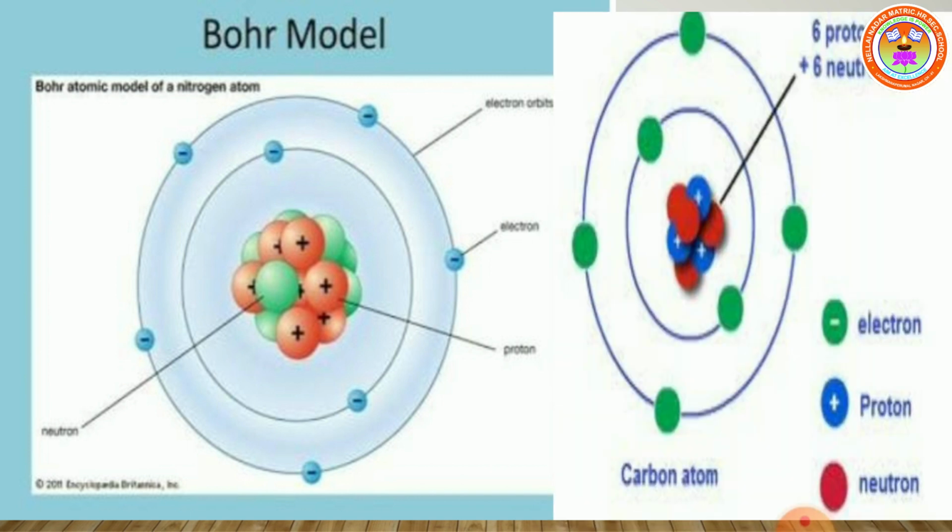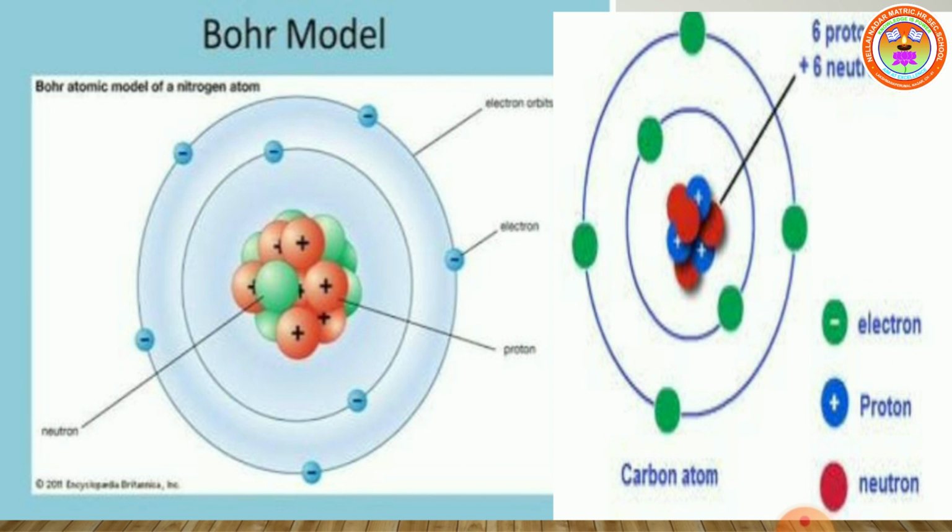An atom consists of proton, which is a positive charge, electron, which is a negative charge, and neutron, which is chargeless. These are called subatomic particles. Proton and neutron are found inside the nucleus, which is at the center of an atom.